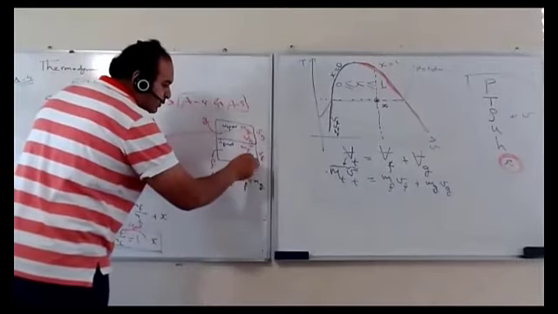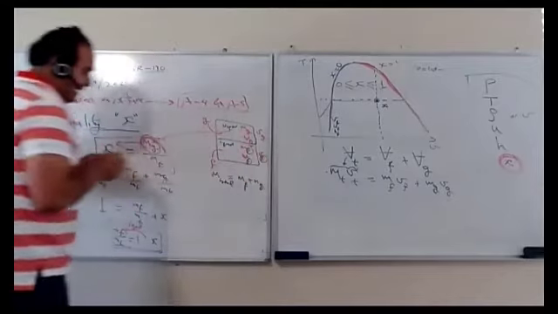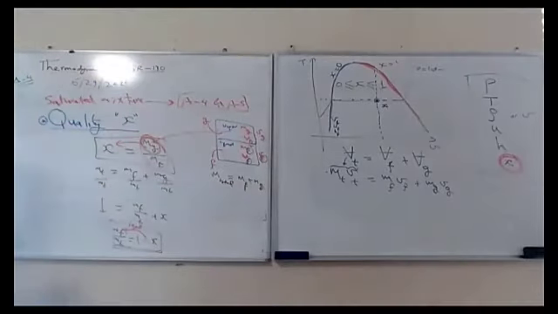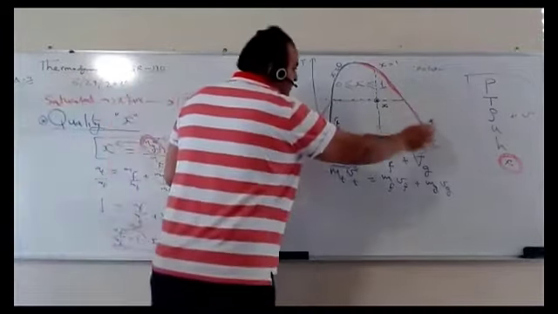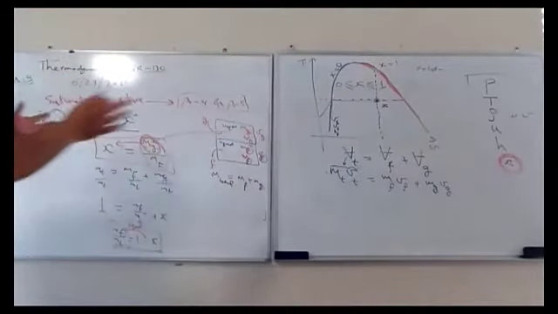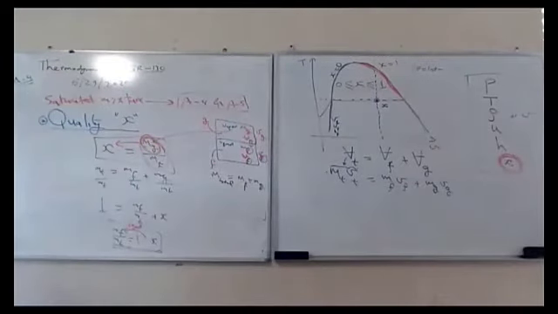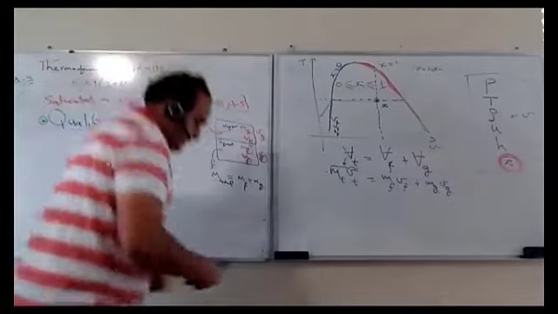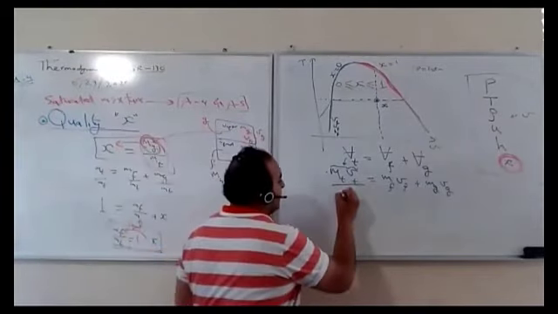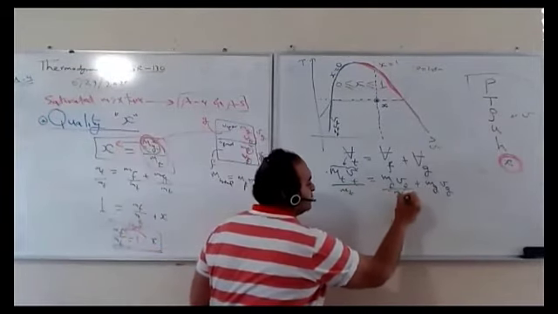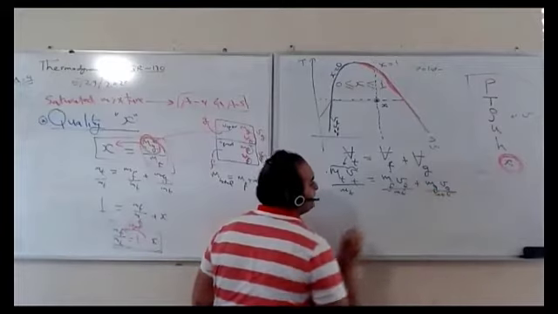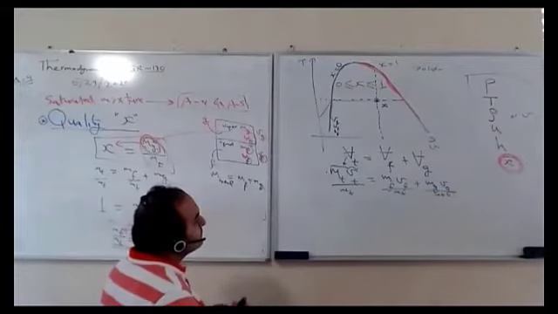Any subscript F means the liquid portion. Any subscript G means the gas or vapor portion, the red line. The T means total. Divide by m total.